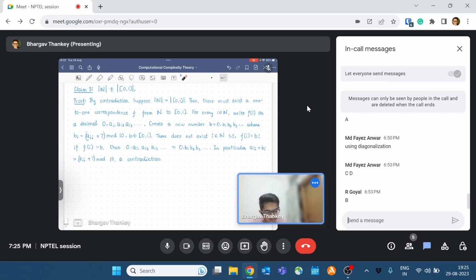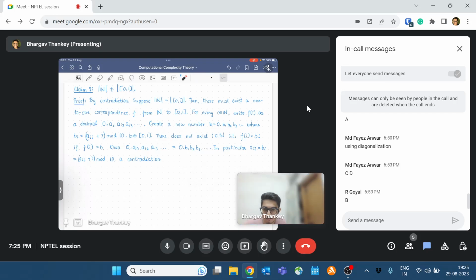We want to create a new number B between 0 and 1, by creating its decimal expansion. Let this decimal expansion be 0.B_1 B_2 B_3 and so on, where B_i is A_ii plus 7 mod 10. Is it clear why this makes sense?